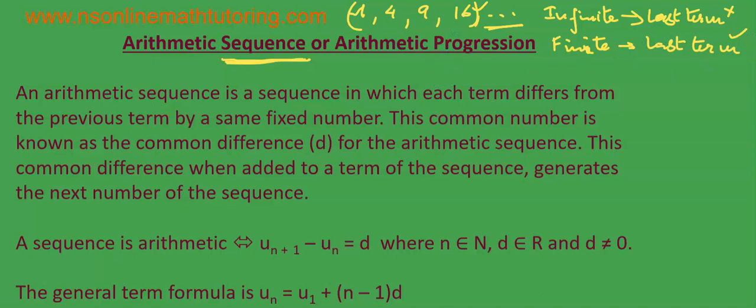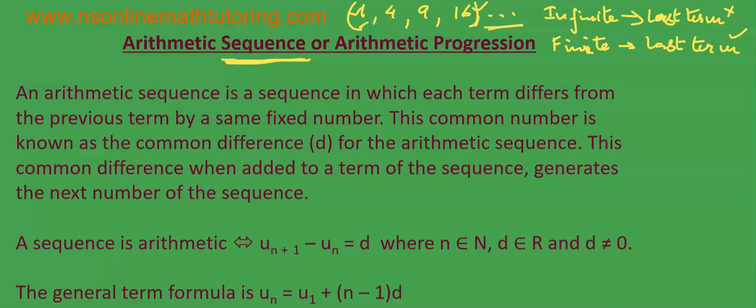As I'm saying that this is a sequence of numbers, therefore, it should have some rule. What is the rule for this sequence? Obviously, we are seeing that these are all squared numbers. So, they are all squares of natural numbers.